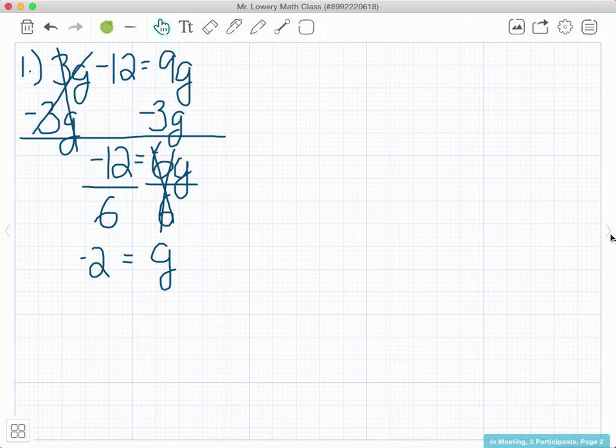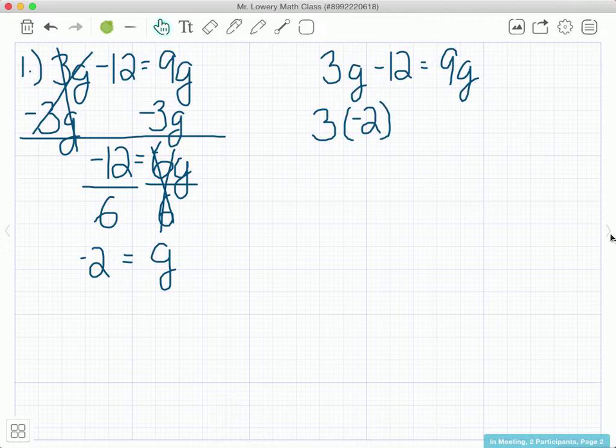All right, we'll check this by starting off with our original equation of 3g minus 12 is equal to 9g, and we'll use the substitution property of equality. Everywhere there's a g, g is the same as negative 2, so we will plug negative 2 in for it.